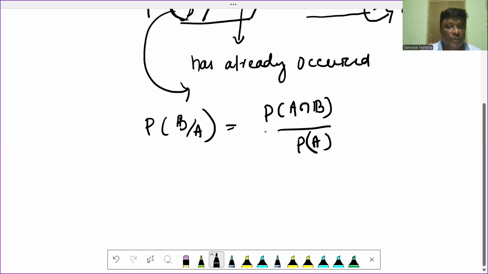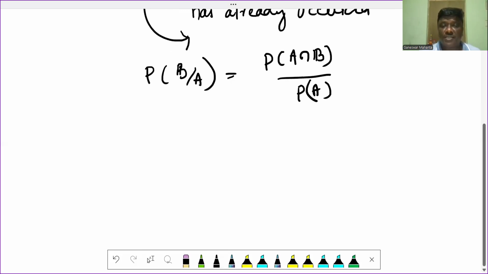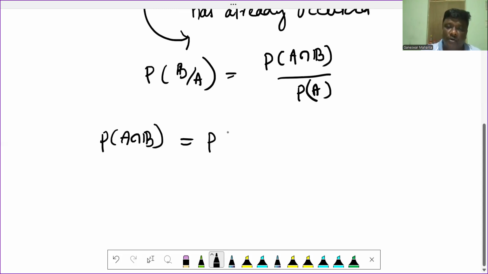When it is conditional probability, we can also say that it is a multiplication probability. Just to multiply here, the probability of A intersection B is represented as P(B/A) into P(A).